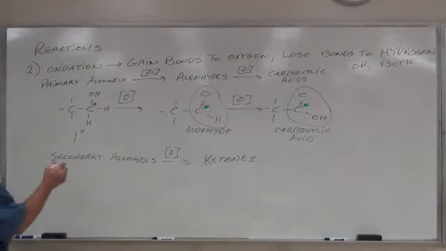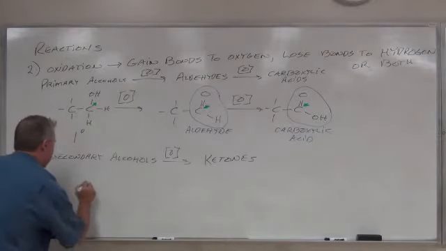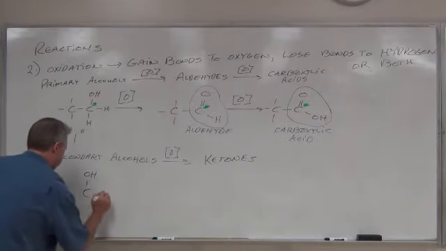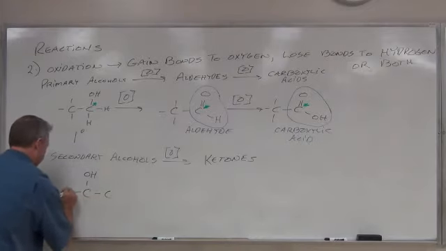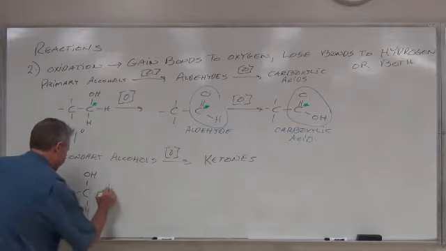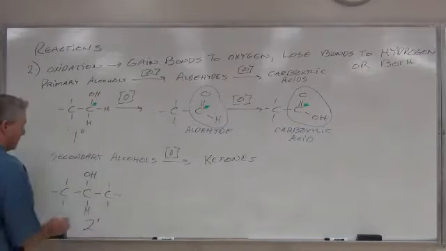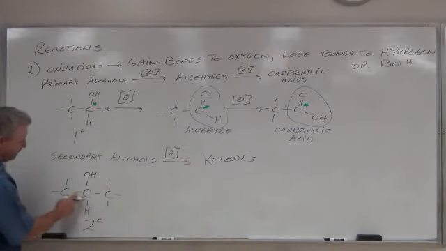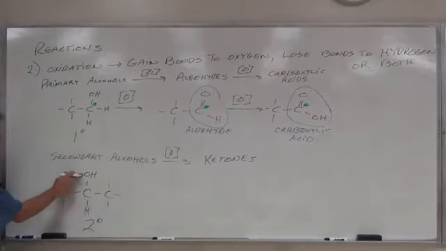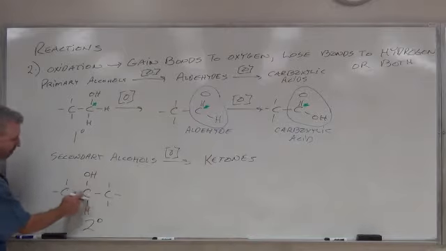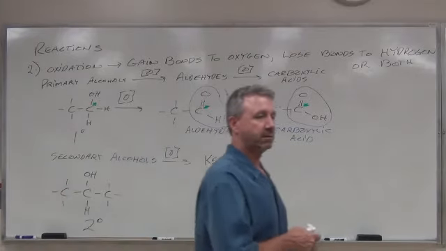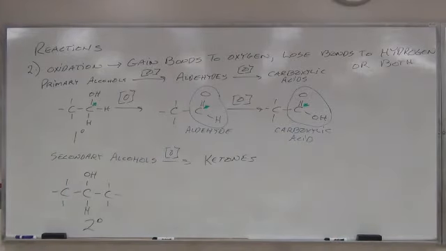So in order for us to have a secondary alcohol, the only thing that's required is that we have a carbon containing the OH, and that carbon is bound to 2 other carbons. Secondary alcohol.